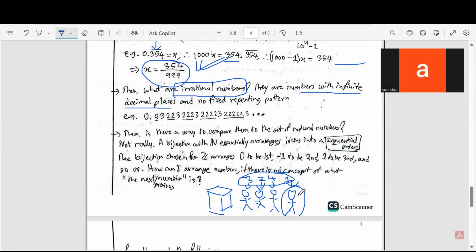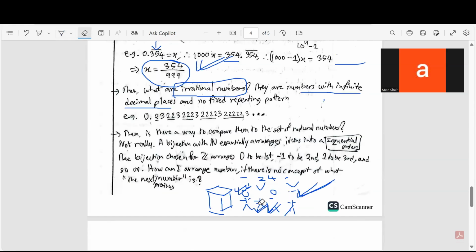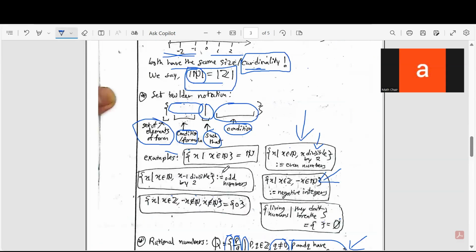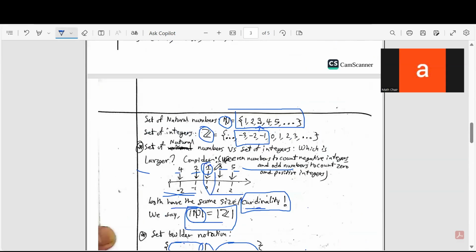Now, the sequence is such that this guy goes to the booth first, followed by this guy, followed by this guy, followed by this guy. So basically, it doesn't matter. I'll count in whatever way I please, and it will create an order. There is a sequence, and I can always, within the sequence, say that this is the first guy, this is the second guy, this is the third guy. Or perhaps in the previous example, here 0 is the first guy, -1 is the second guy, +1 is the third guy.